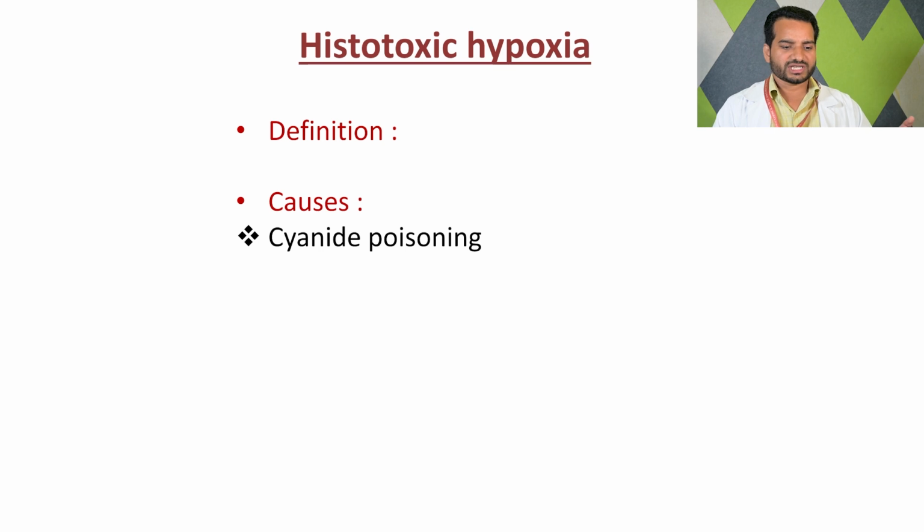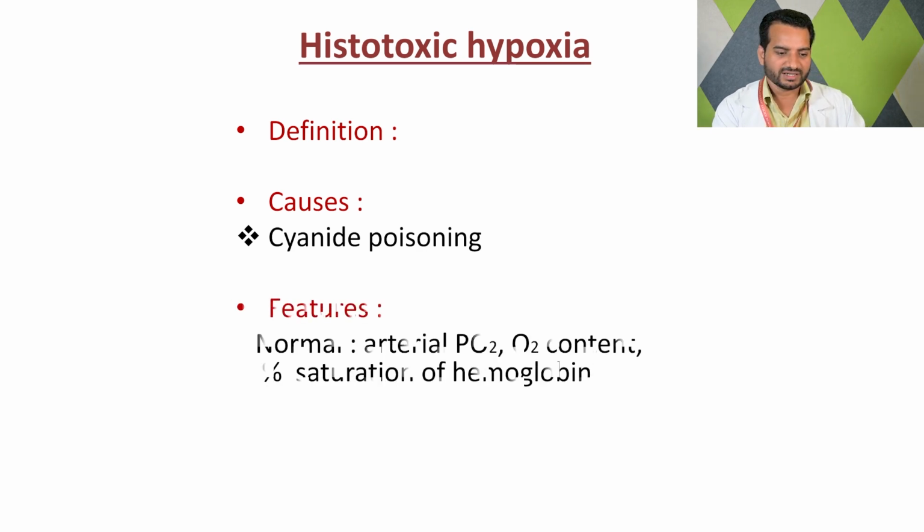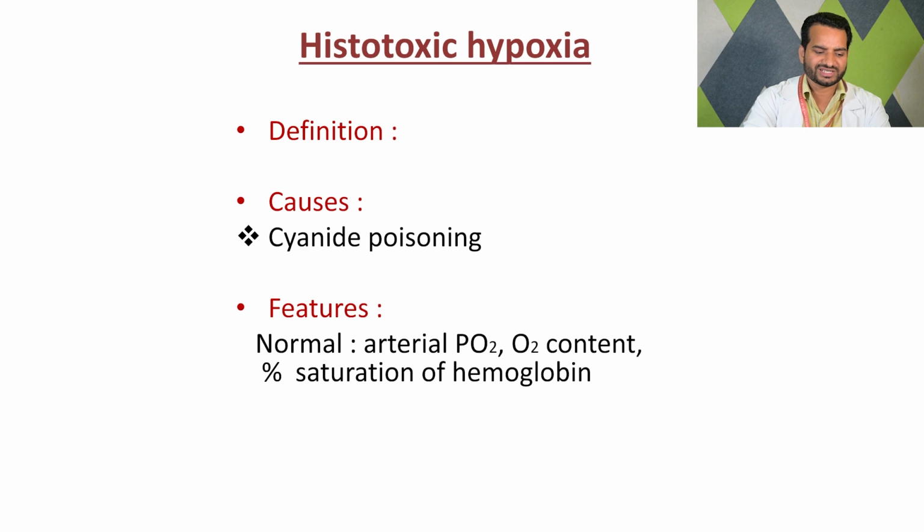And in histotoxic hypoxia, because of toxins or cyanide poisoning, the cytochrome oxidase system in the cell gets destroyed, and that leads to decreased production of ATP, and that ATP is utilized for the movement of body parts, metabolism, and all other body activities. So if there is cyanide poisoning, there will be destruction of the cytochrome oxidase system, and that leads to hypoxia because tissue is not in a condition to utilize oxygen.